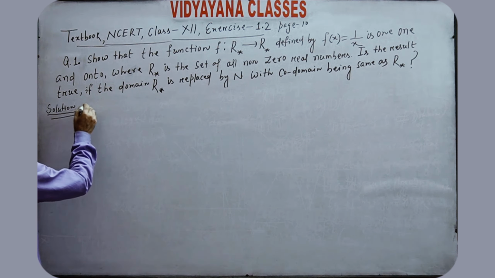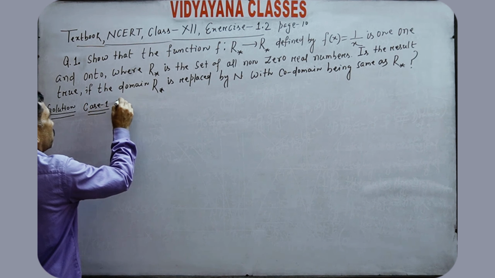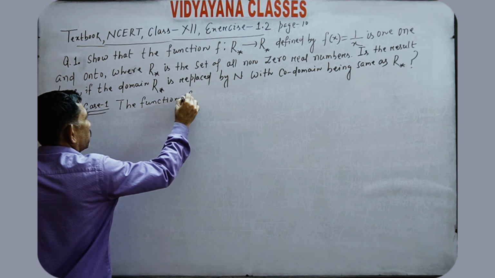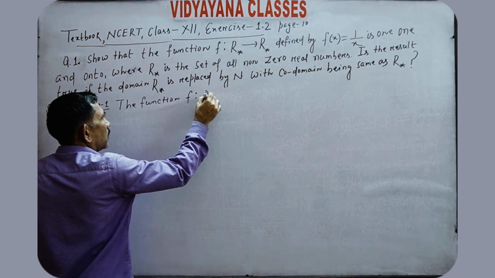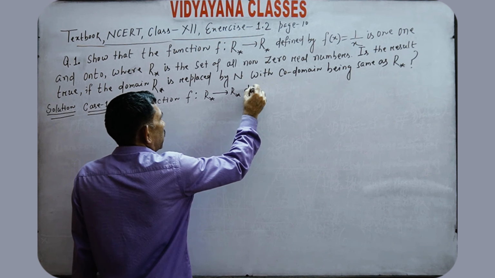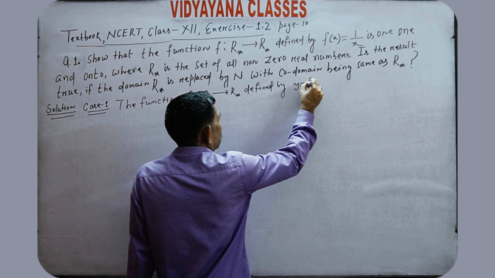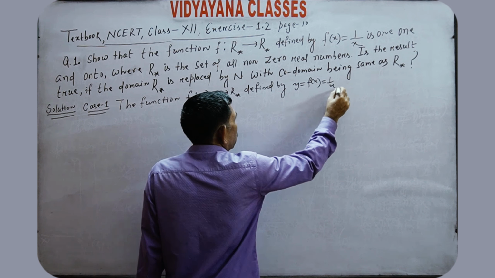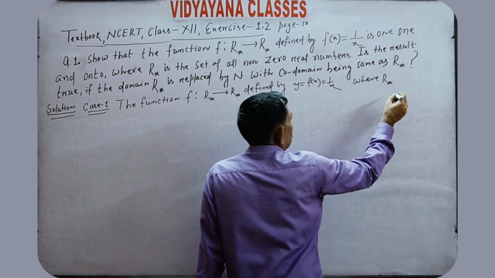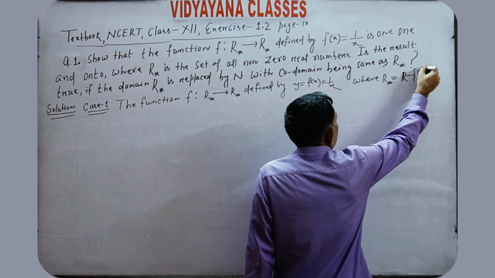Case 1, solution. The function f such that R star to R star defined by y is equal to f(x) is equal to 1 by x, where R star is the set of all real numbers without 0.